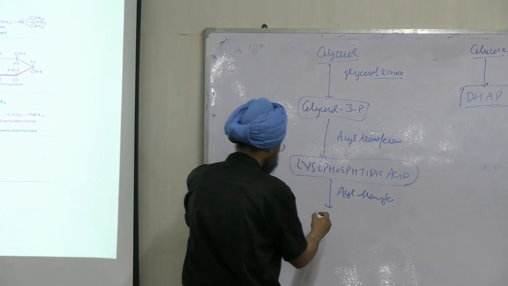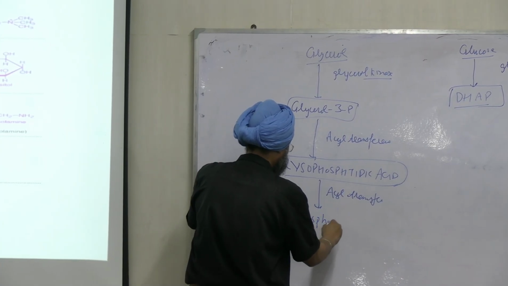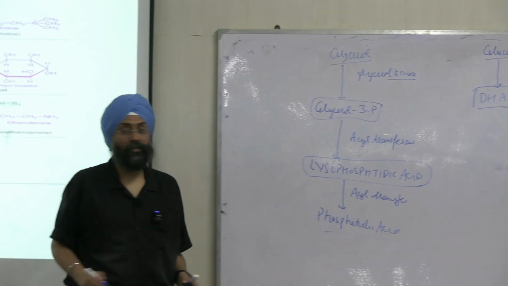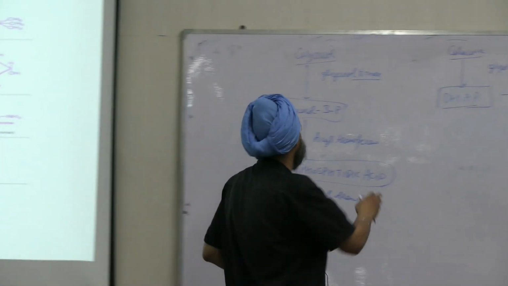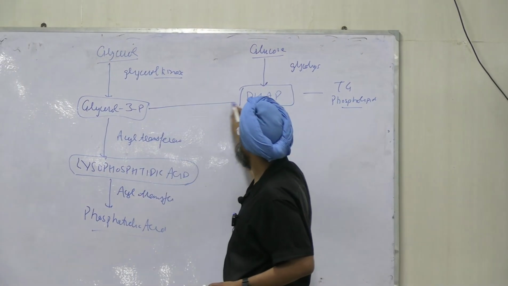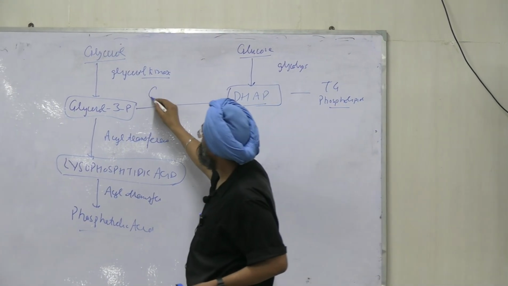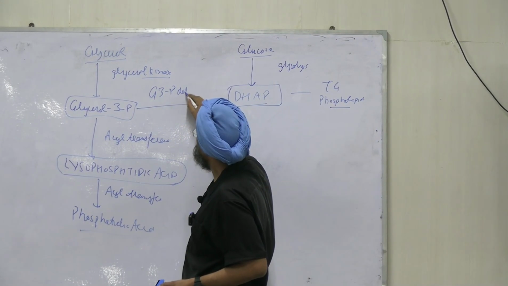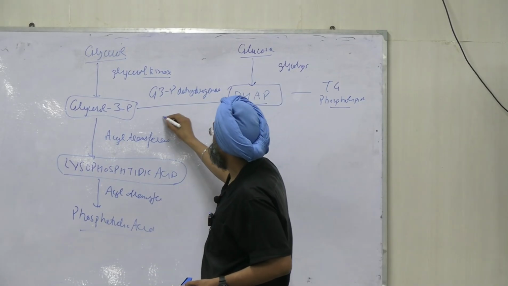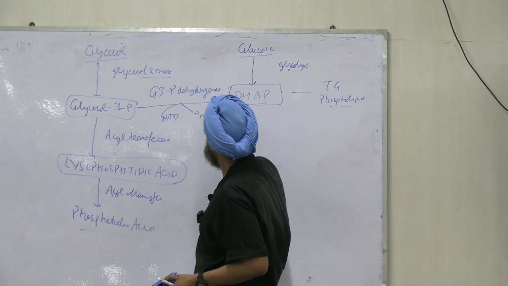It will become our phosphatidic acid, right? And these two, glycerol 3 phosphate and dihydroxyacetone phosphate, can be interconverted. Which reaction? The glycerol 3 phosphate dehydrogenase reaction, right? And NAD is used and it is converted to NADH plus H.